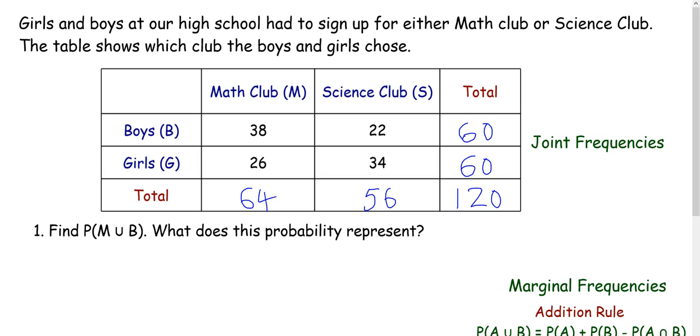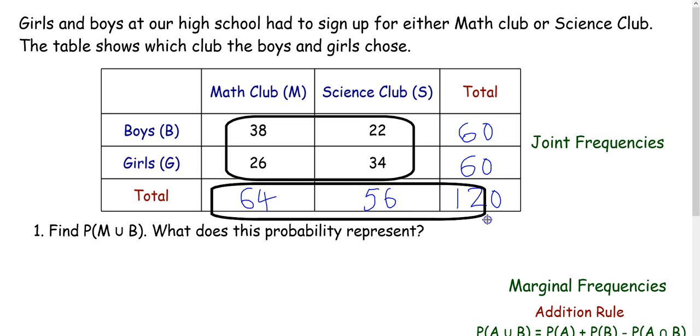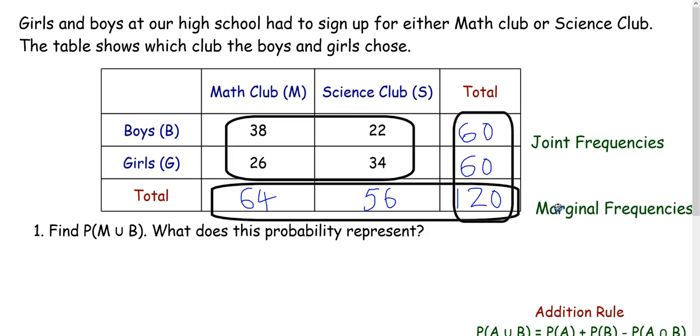They make up the body of the two-way frequency table. And the boundaries, the horizontal and the vertical ones, we call marginal frequencies. So in a two-way frequency table, we have joint frequencies and marginal frequencies.